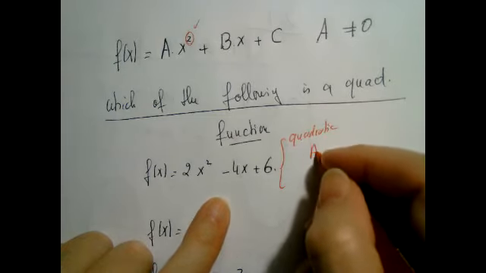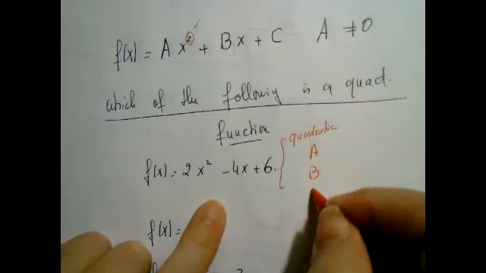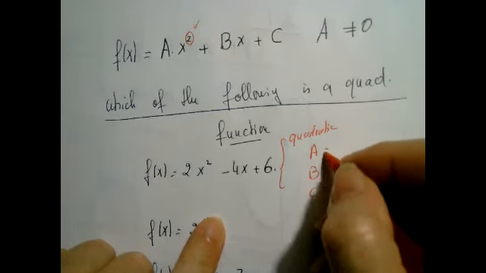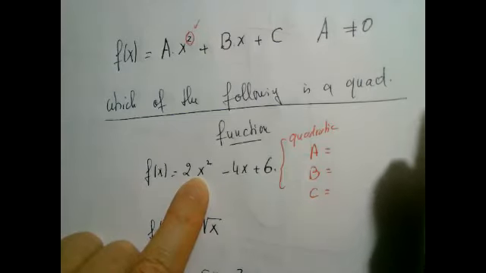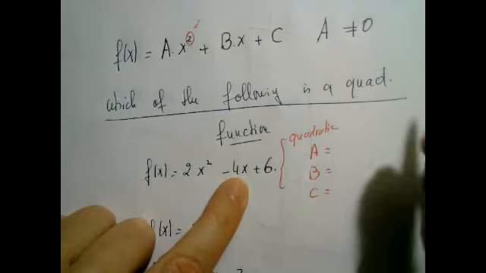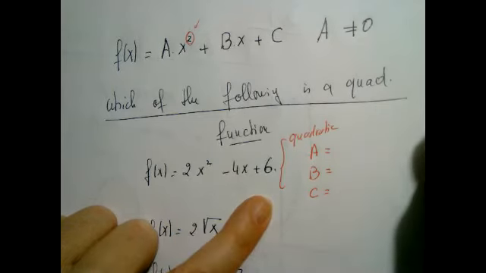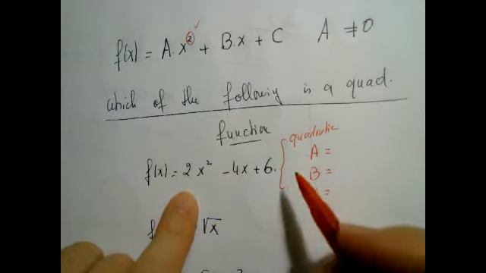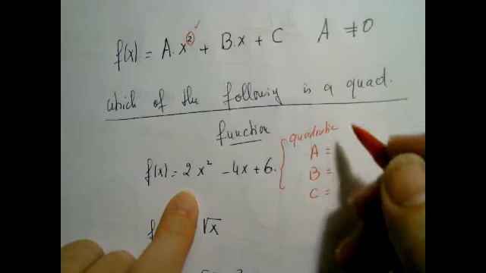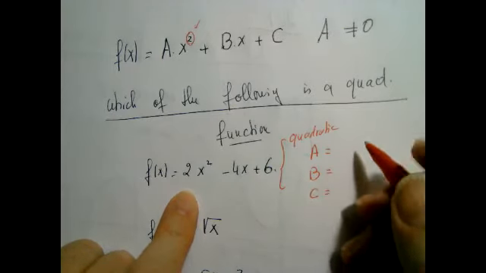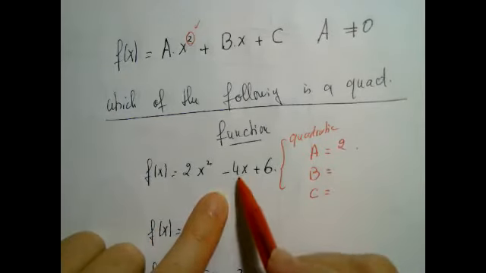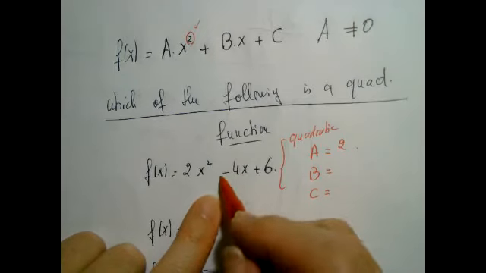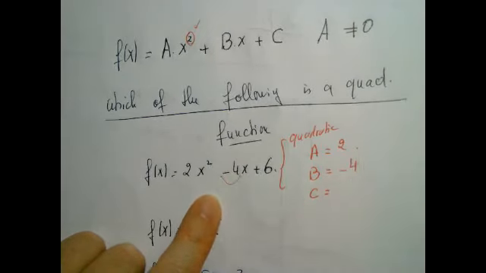What is the a, the b, and the c? a is what x squared is multiplied by, b is what x is multiplied by, and c is the constant term. So what's a in this problem? It's 2. What's b? X is multiplied by -4. And c is my constant term.